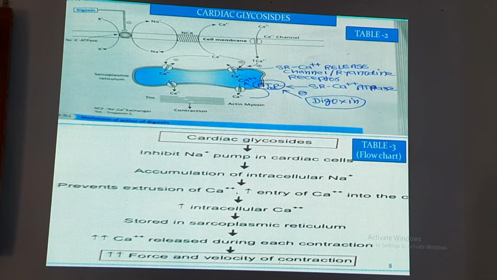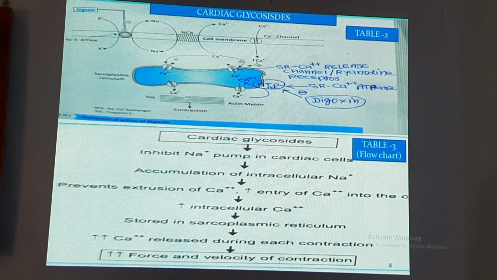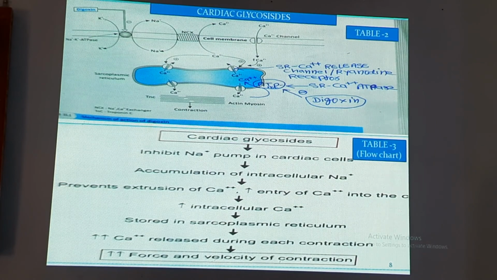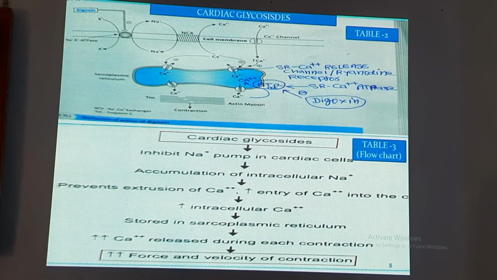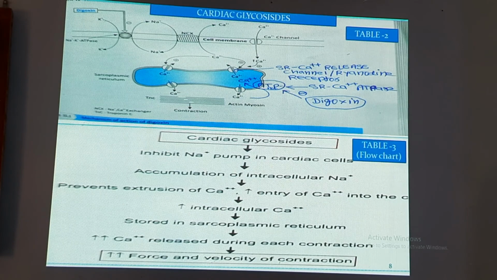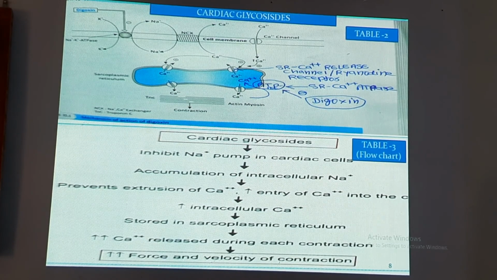Intracellular calcium ion increases, and this leads to increased calcium stored in the sarcoplasmic reticulum. Increased calcium ion release during each contraction causes increased force and velocity of myocardial contractions. Next slide, please.